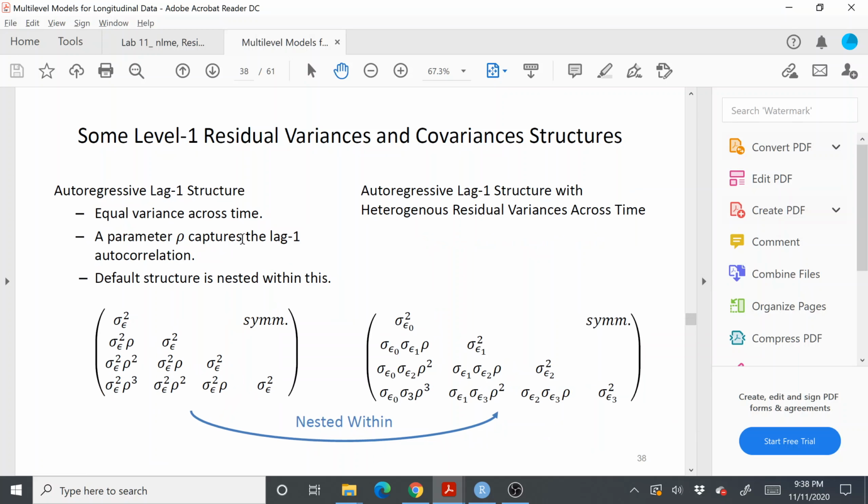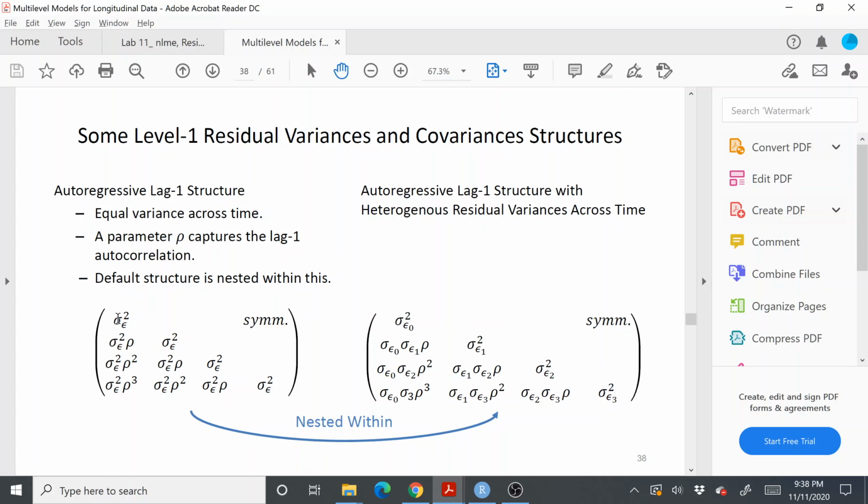But when we have the autoregressive lag one structure, as long as we have equal time points, we now say that the first time point and the second time point, which are the first and second diagonals here, those are the variances. We say that they actually are correlated by multiplying the variance times rho.